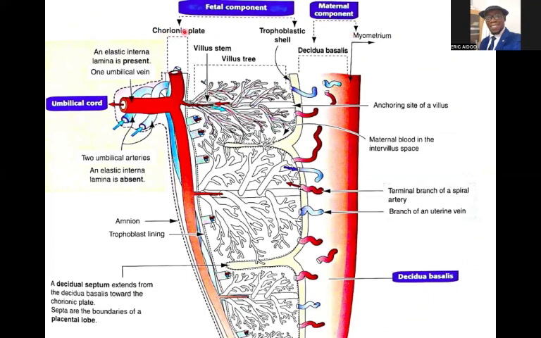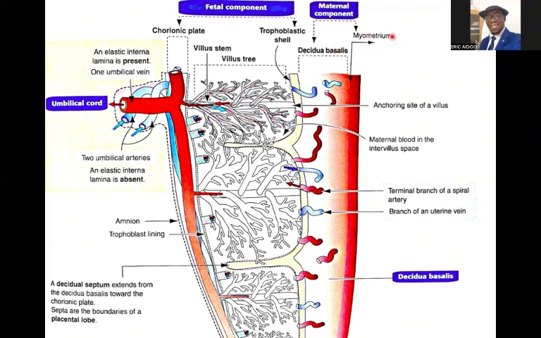So again, that's the chorionic plate, formed from the syncytiotrophoblast and then the somatopleure of the extraembryonic somatic mesoderm. You have the amnion there, and then you have this decidual septum extending from the decidua basalis towards the chorionic plate. So that's the decidua basalis.